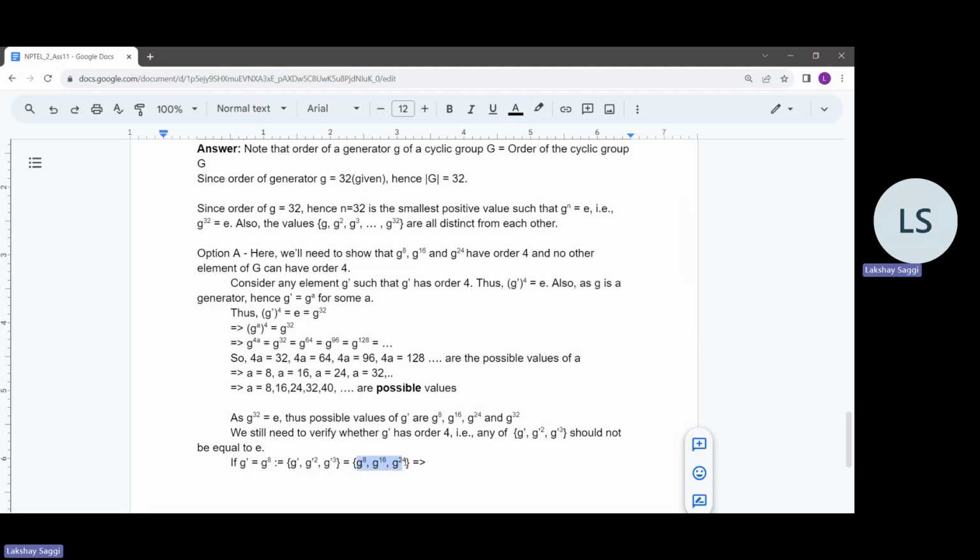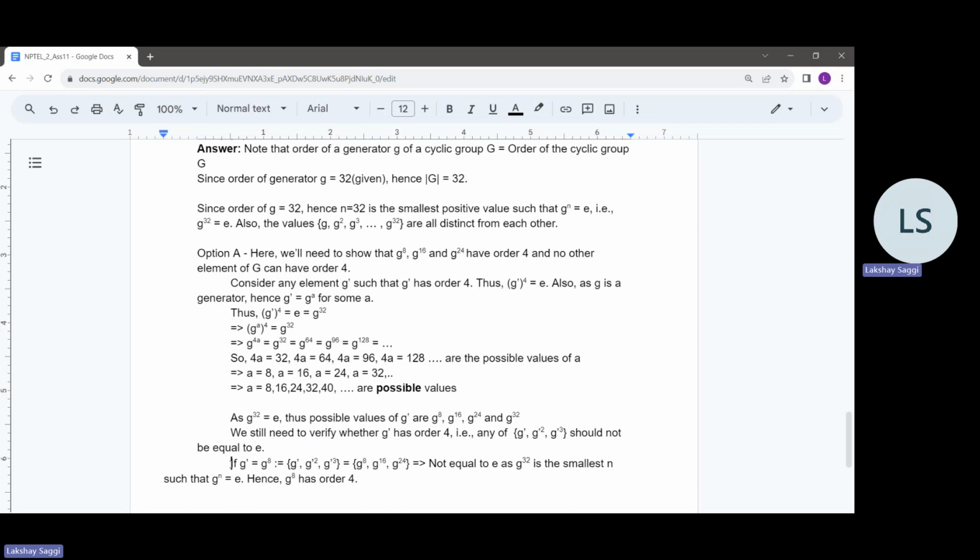So all these values are not equal to E, as g to the power 32 is the smallest n such that g to the power n is E. So we are done. For g prime equal to g to the power 8, hence g to the power 8 has order 4.